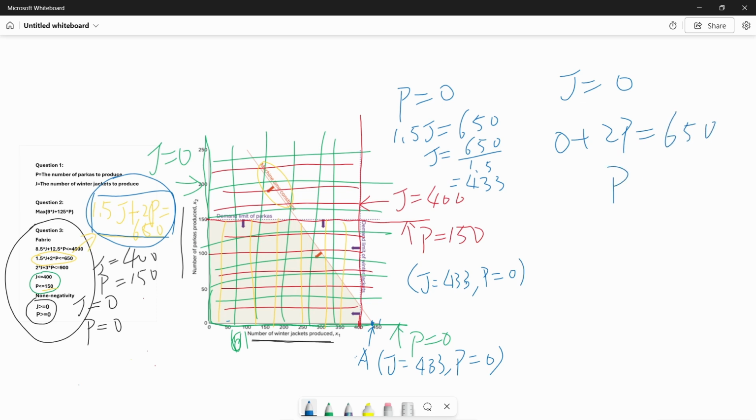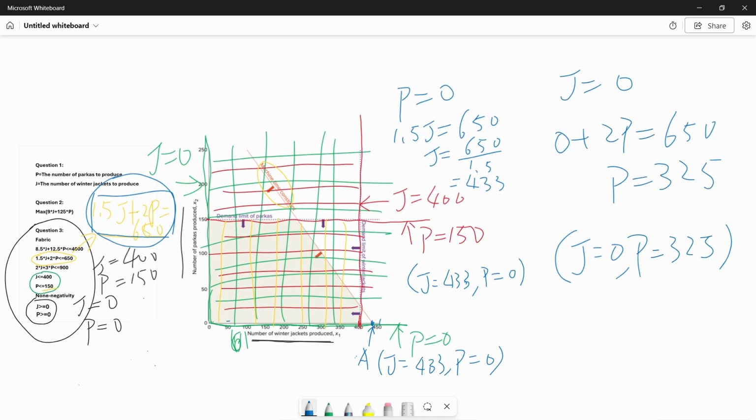Then I solve for P, and P will give me 650 divided by 2, and I will receive 325. So therefore, the second dot I'm looking for on the diagram is when J equal to 0 and P equal to 325, okay? So when J equal to 0, that's here, right?